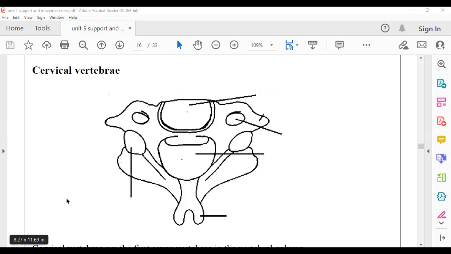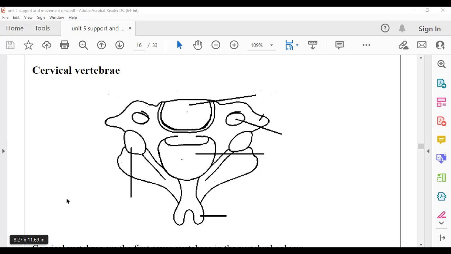The first vertebra is atlas vertebra. Okay, it is the one in contact with the skull. And the second vertebra is axis vertebra. If you take these 2 vertebra, they have some different special appearances. The rest 5 vertebra will look like this.